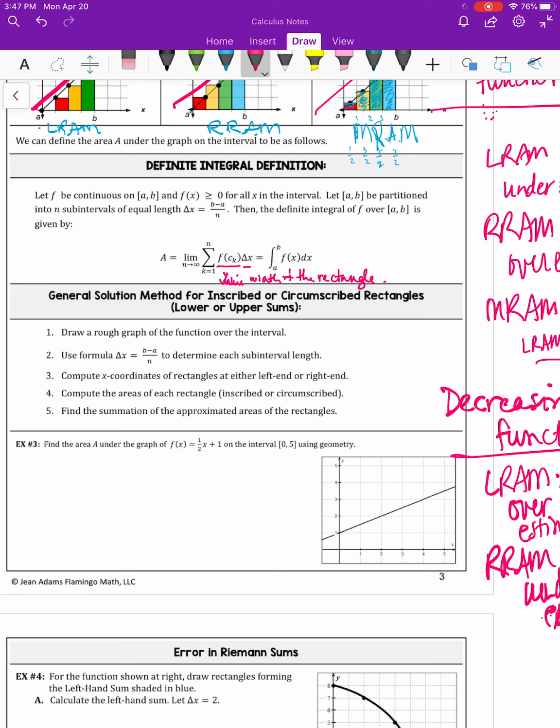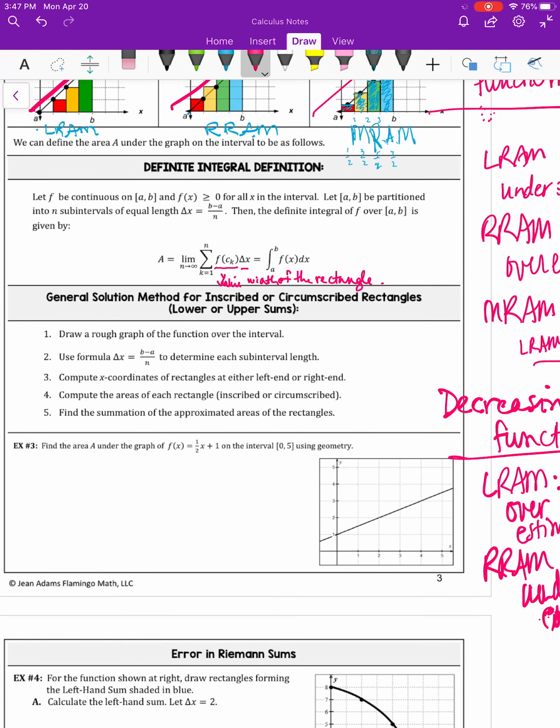So what this is, is the y value of the function times the width of the rectangle. Okay, so the y value of the function times the width of the rectangle. And so you really are just summing up.